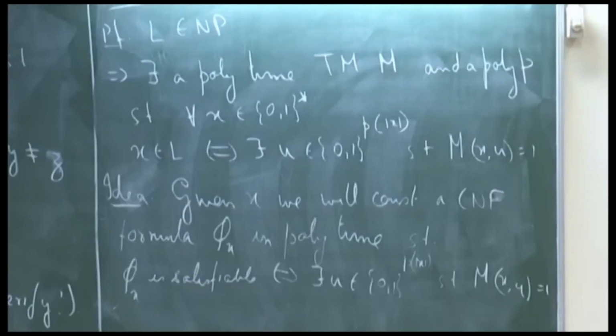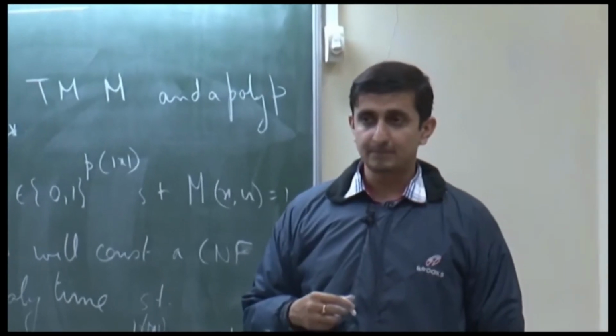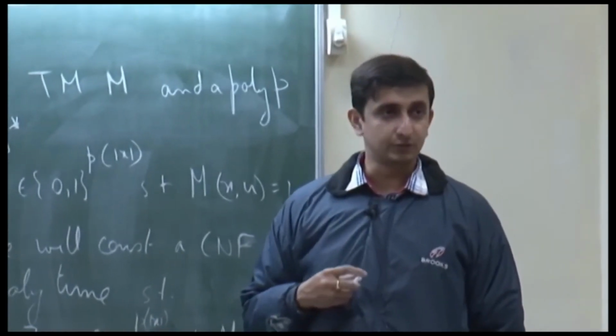So, we have come up with a CNF formula, but what is the problem with this approach?